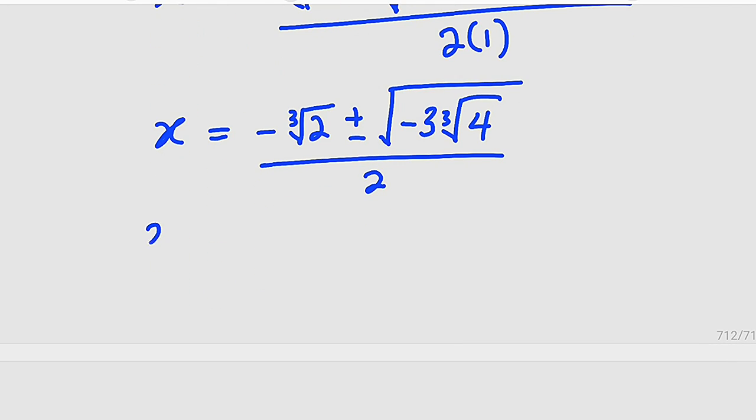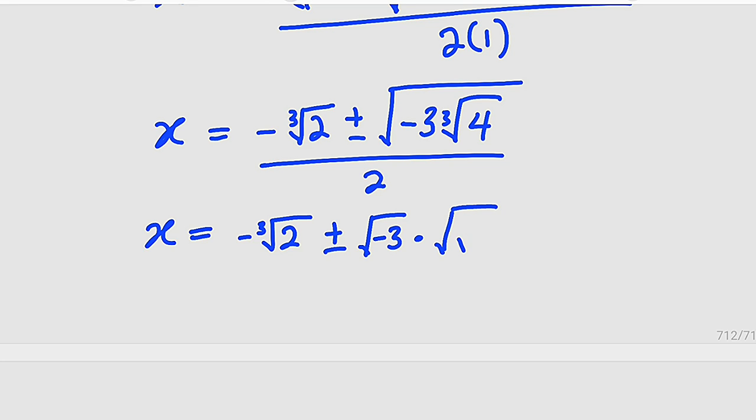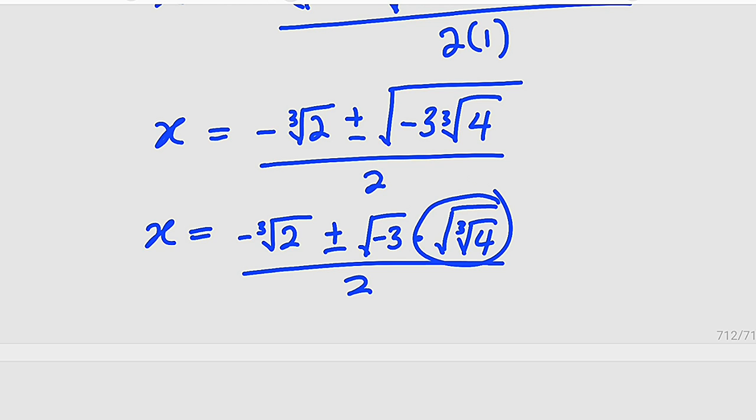So we have x to be equal to minus the cube root of 2 plus or minus square root of negative 3 multiplied by square root of the cube root of 4, divided by 2. And you know that this is what? Square root of 3i. But let me simplify this.